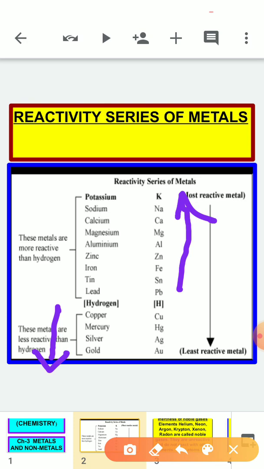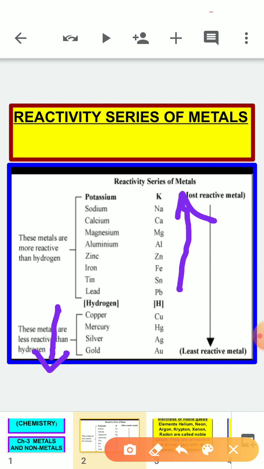So sodium, potassium, calcium, magnesium, all these metals are more reactive than hydrogen. And copper, mercury, silver, gold, all these metals will be less reactive than hydrogen. So in this way we can compare these metals.